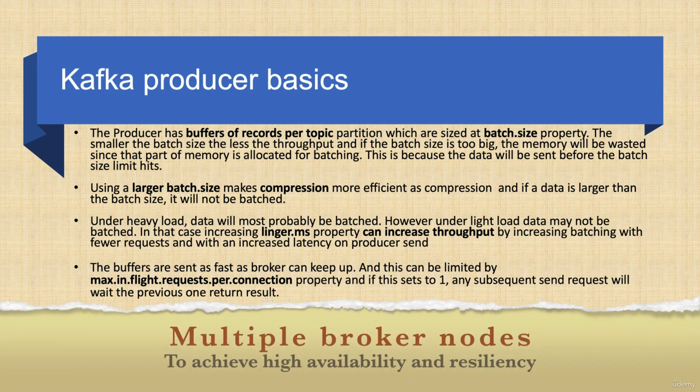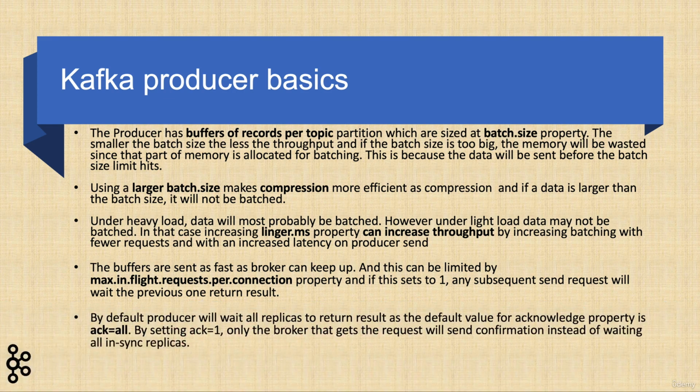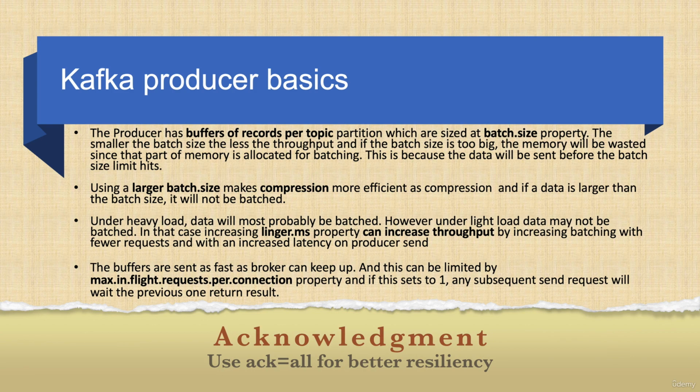As mentioned previously, in Kafka, there are multiple broker nodes that hold the same data to enable resiliency. By default, the producer will wait for all replica nodes to return a result, because the default value for the acknowledge property is all.